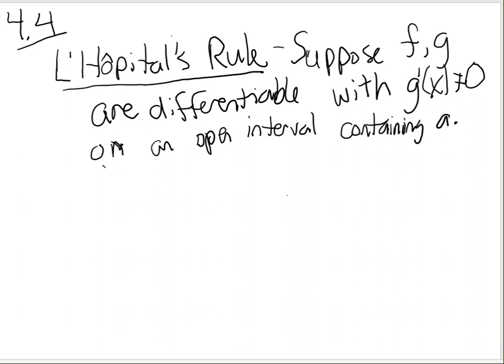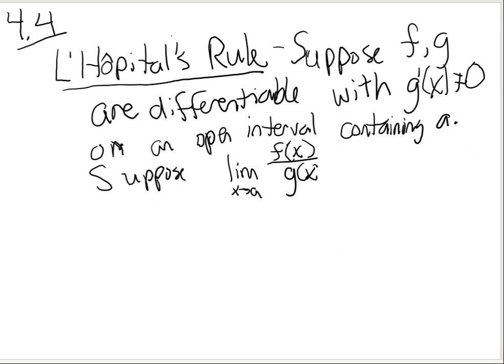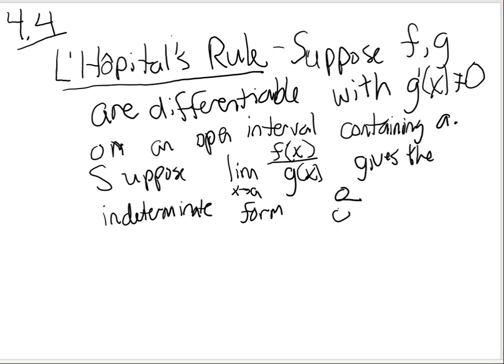And then suppose that the limit as x goes to a of f of x over g of x gives the indeterminate form zero over zero or infinity over infinity.